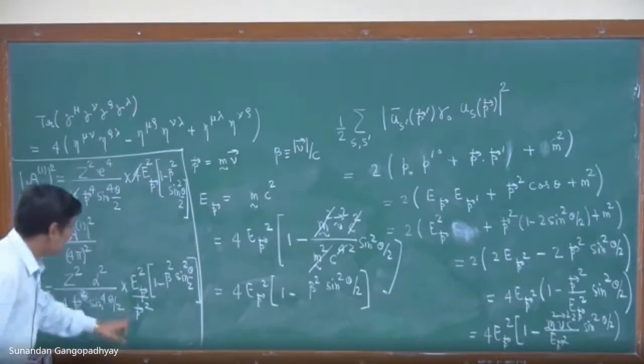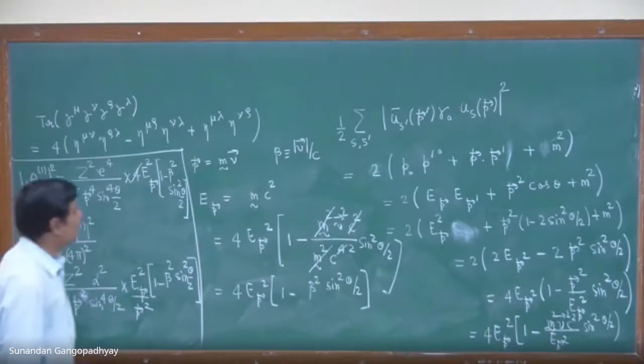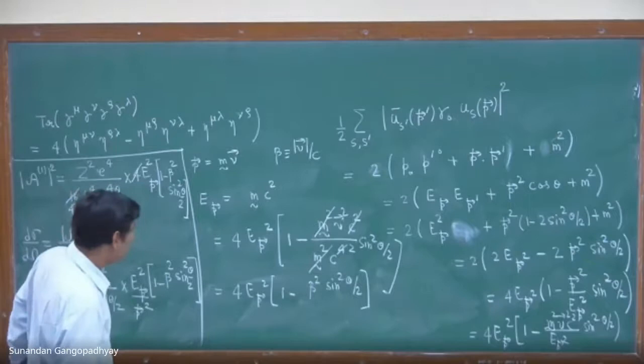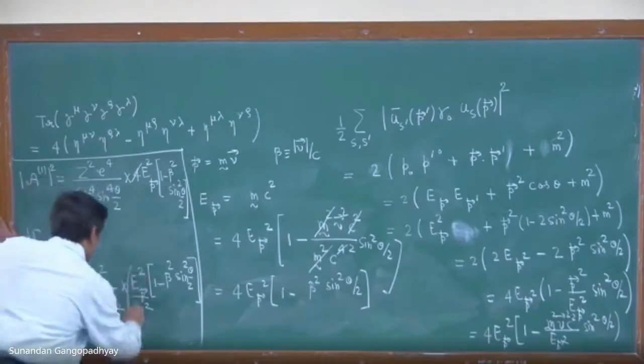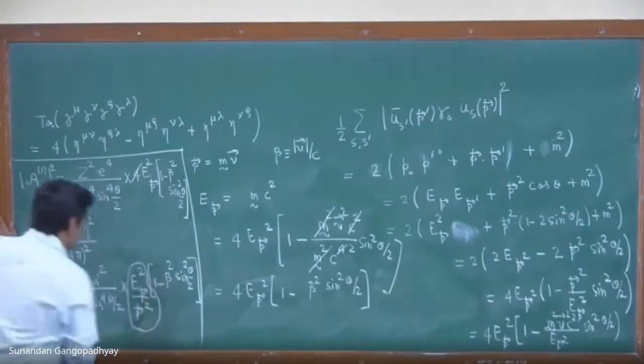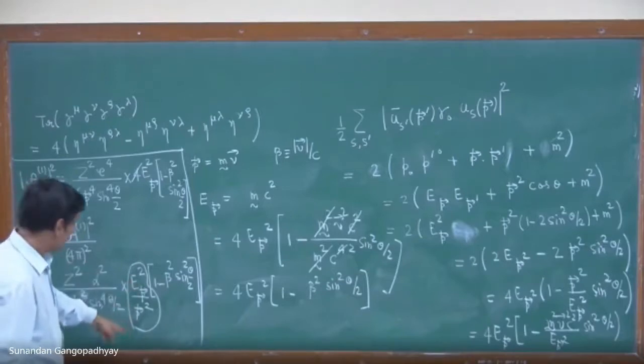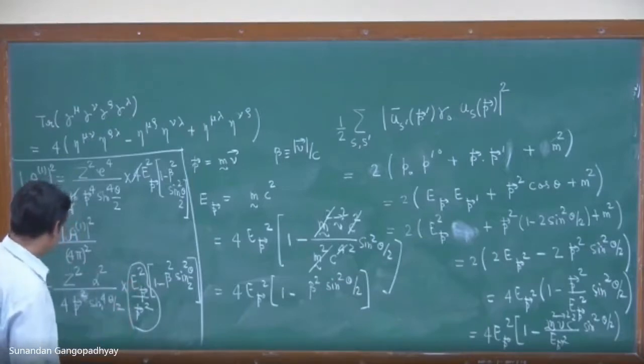Now, p square by p vector square is what? That we have already calculated. 1 by beta square. This factor, you see, because this is m square, the m's will cancel here.